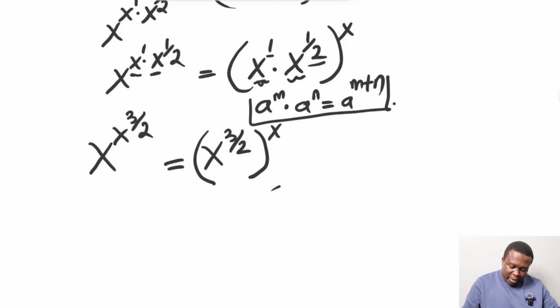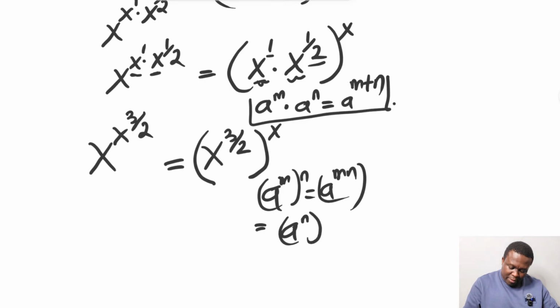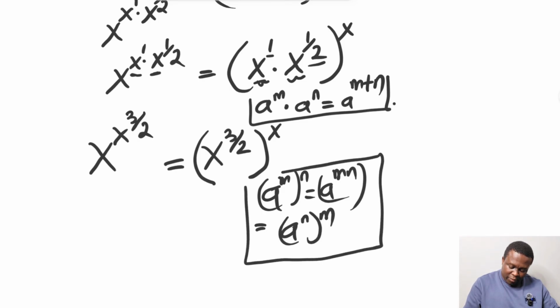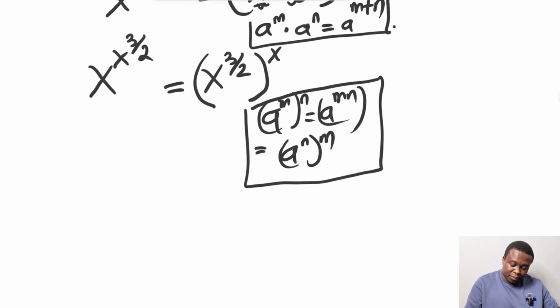Now we know that a raised to the power mn is equal to a raised to the power mn, which is also equal to a raised to the power nm. Okay, so we know these.